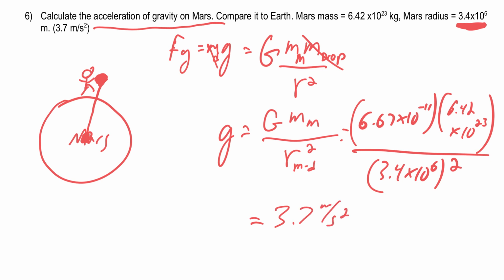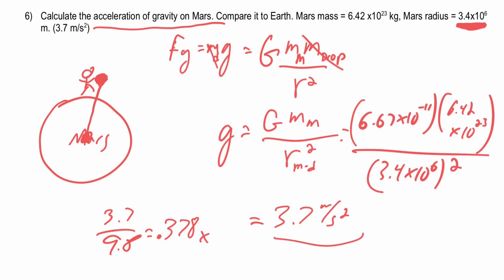If we want to compare that to Earth, we'd say 3.7 divided by 9.8. It's about half, right? 3.7 divided by 9.8 is 0.378 times. Okay, maybe it's more like a third, a little bit more than a third.